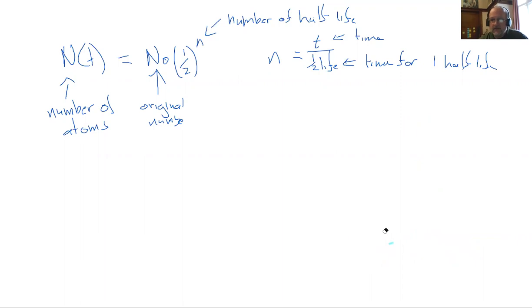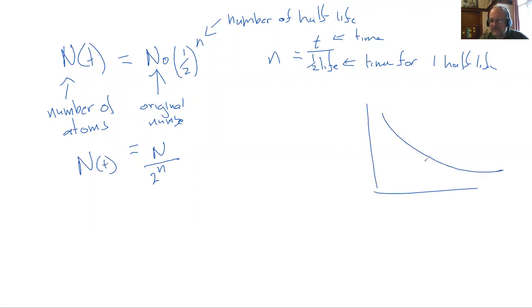Now, this equation can also be written as N(t) equals N0 over 2 to the power of n. And because, as I said, this type of curve is an exponential decay, it can also be written as N(t) in an exponential form.